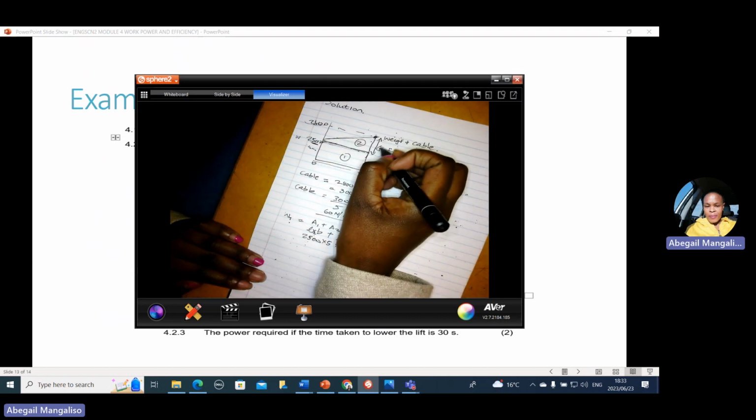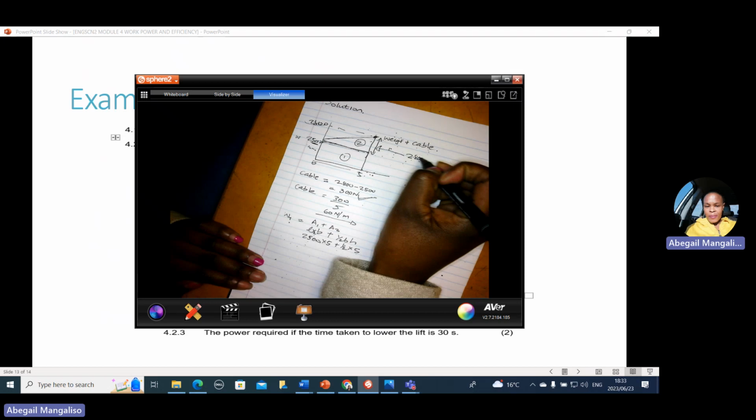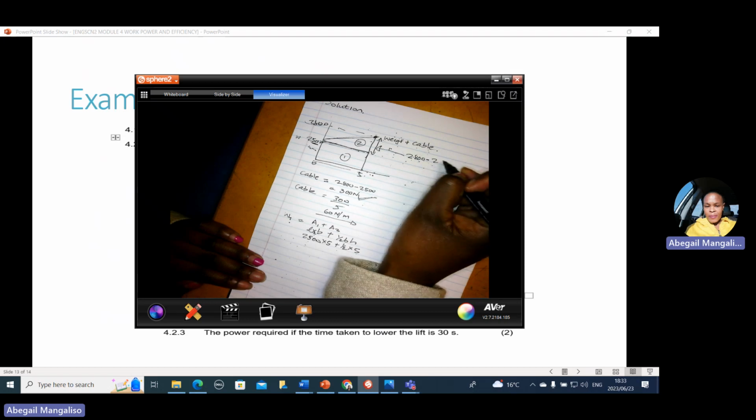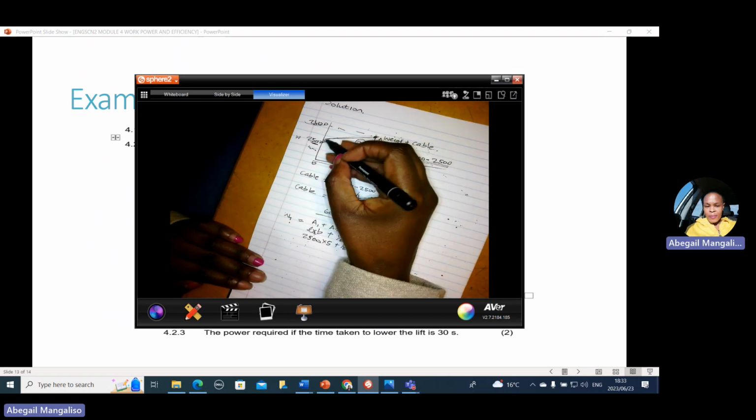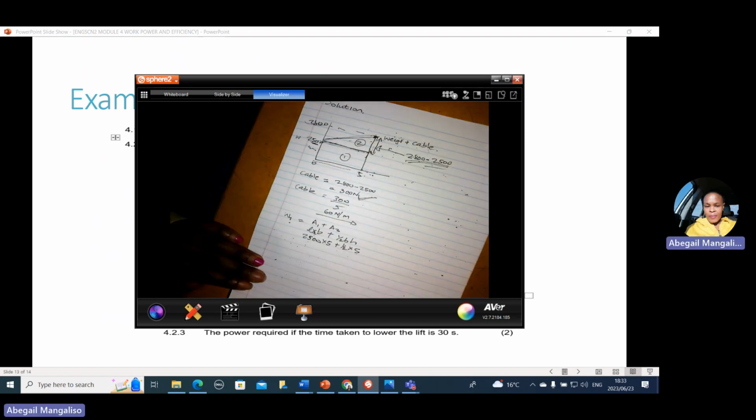So this distance here is 2,800 minus 2,500. You're going to see the height will be the weight of the chain. When you subtract 2,500 from 2,800, you get 300. So the height there is 300.